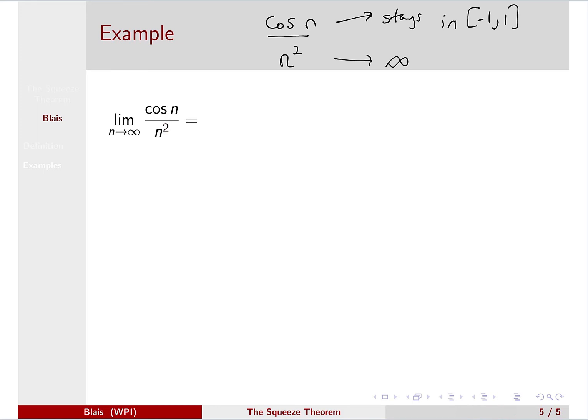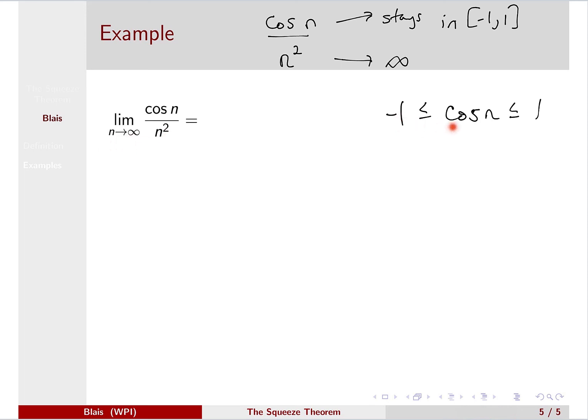But how do we actually show this? The key is the squeeze theorem, and we do it as follows. Start off saying, okay, we know that cosine of n is inside of -1 to 1, no matter what n is. And now let's see if we can do some algebra on these inequalities to build our expression. Well, we know 1 over n squared is positive for n non-zero.